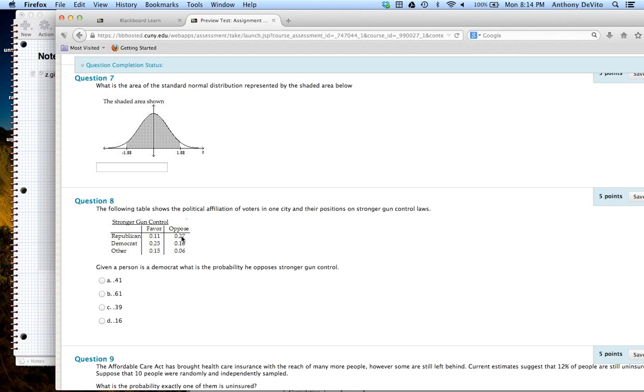So, given that you're a Republican, the proportion that oppose gun control is 0.27 divided by 0.11 plus 0.27, or 0.38. 0.27 divided by 0.38, which I guess is around 60 or 70%.